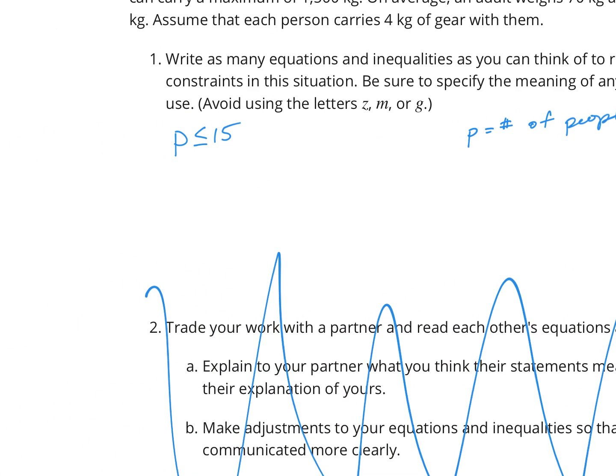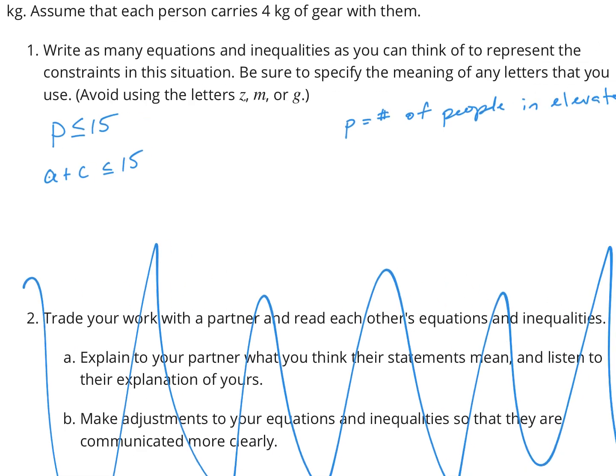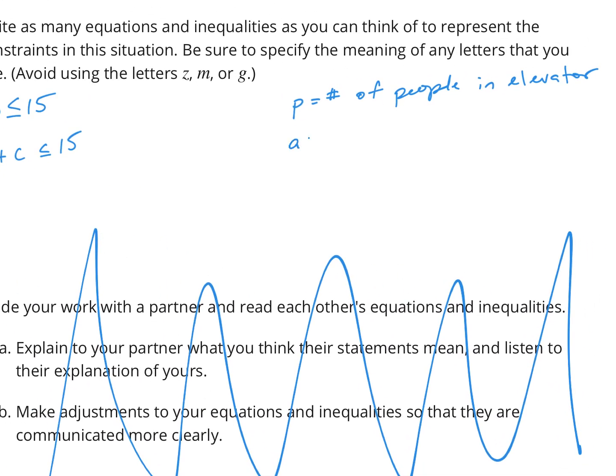Another one that I could do is a plus c is less than or equal to 15. a is going to be the number of adults in the elevator, and you guessed it, c is going to be the number of children in the elevator.